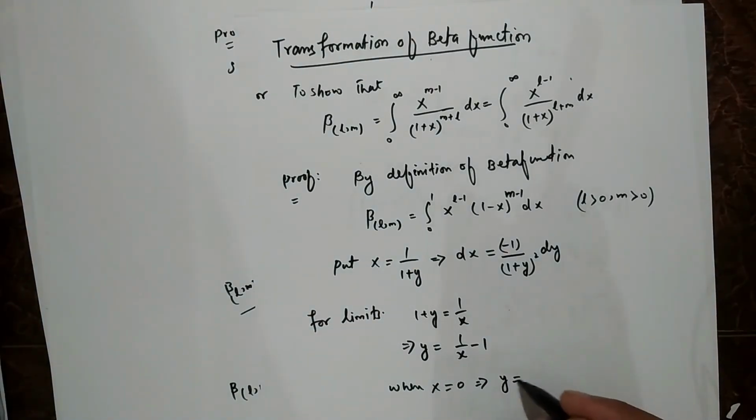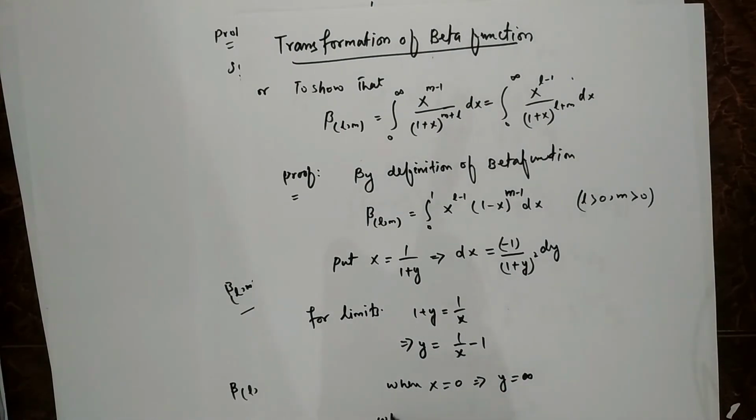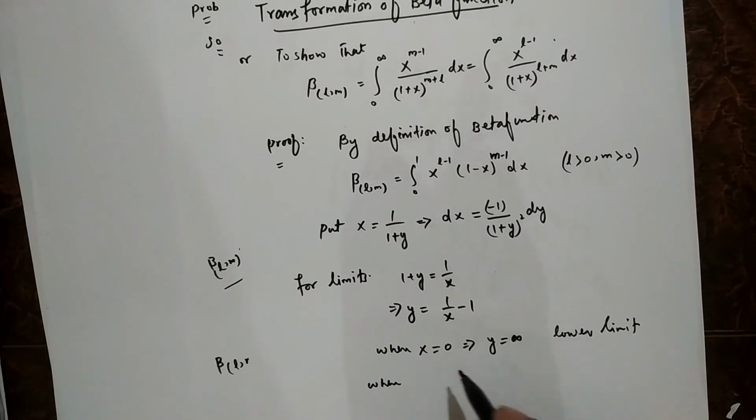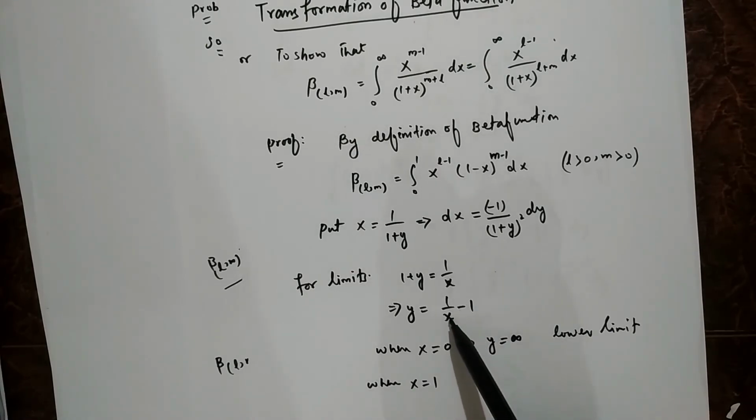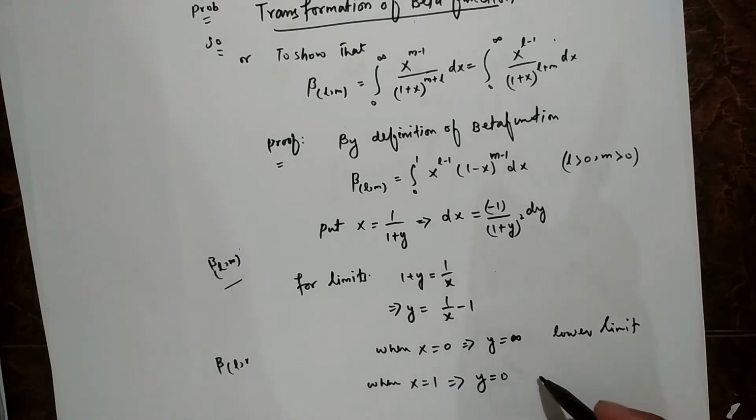This means that y will be equal to infinity. So this is the lower limit, our new limit will be infinity. And when x equals 1, substituting x equals 1 here, we will get y equals 0. This is the upper limit.